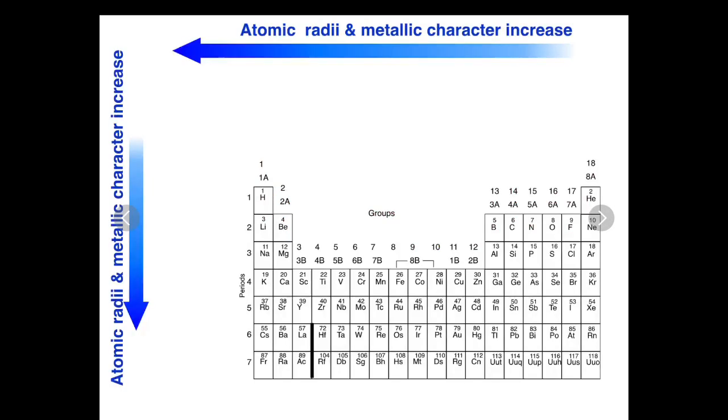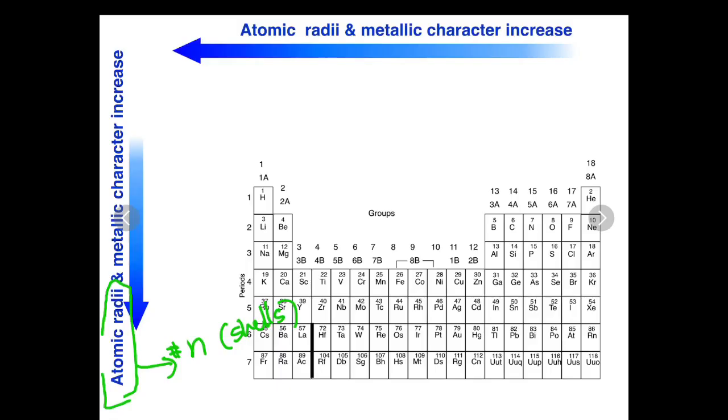Okay, so again, pretty much everything that we talk about is going to be based on the atomic radii trend that we discussed in the previous video. What you need to understand is that for the explanation of the trend of the atomic radii, there are two things. One is the size, or the number of shells.